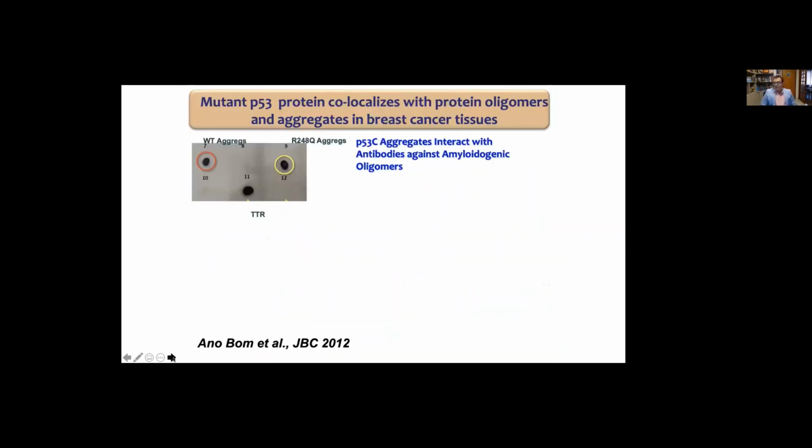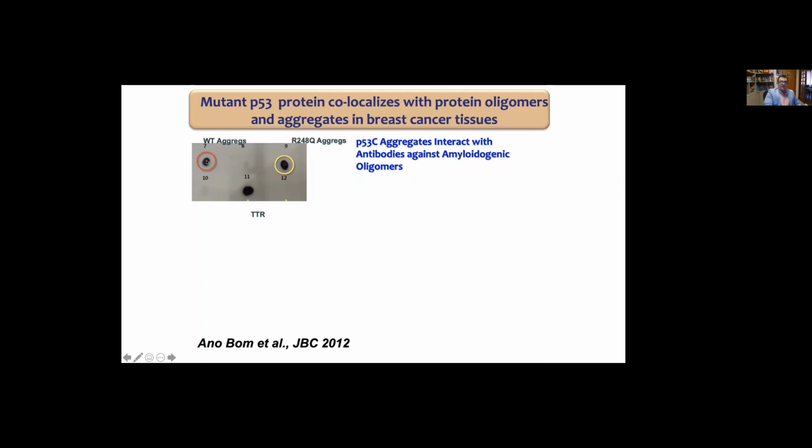Then, of course, the next question was: okay, that is in vitro, you can show that, but how about in vivo, or maybe correlated with tumor cells or p53 in cells from biopsies, for example. So we used an antibody against amyloid that recognizes amyloid structure.